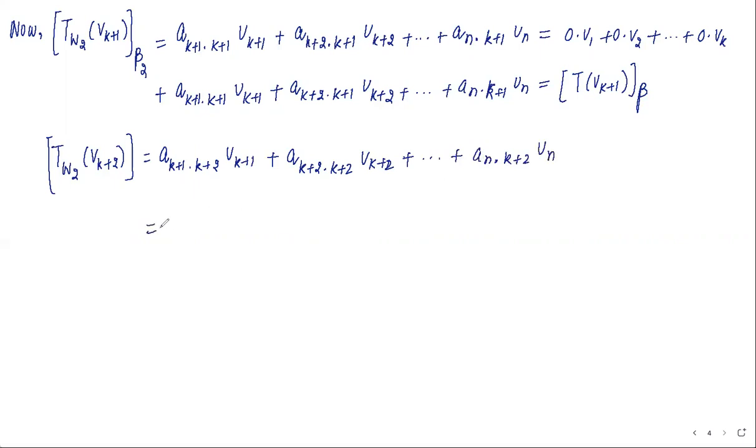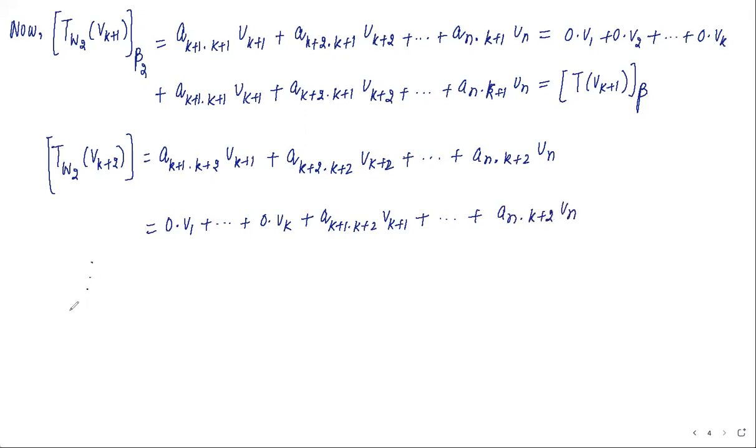But now this is the same as 0 times v_1 plus so on 0 times v_k plus a_{k+1,k+2} v_{k+1}, then plus so on a_{n,k+2} v_n.